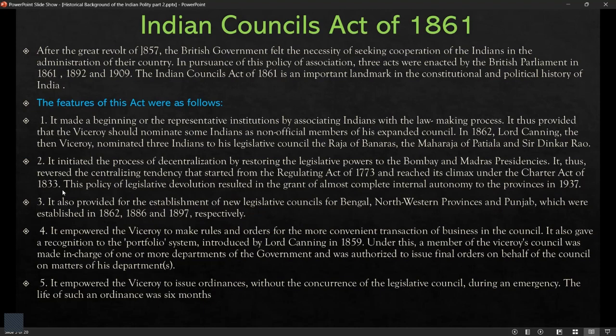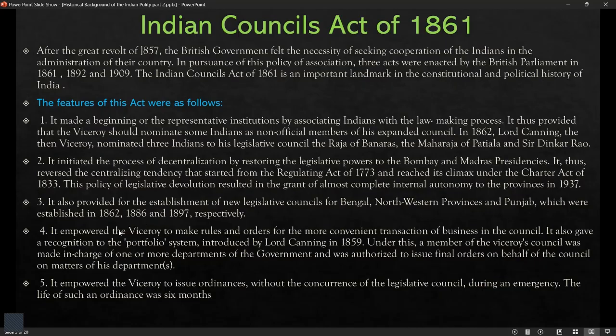Till 1937 they can have their internal autonomy. Whatever is happening in the provinces, they have all the autonomy to make regulations, rules and laws.